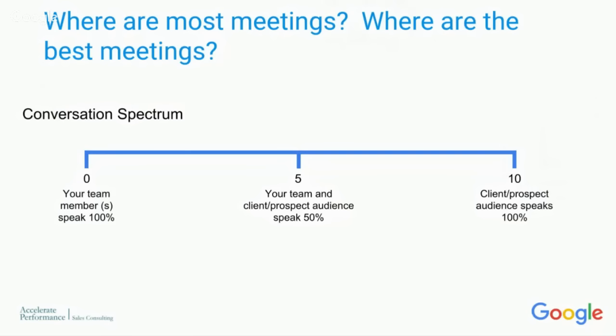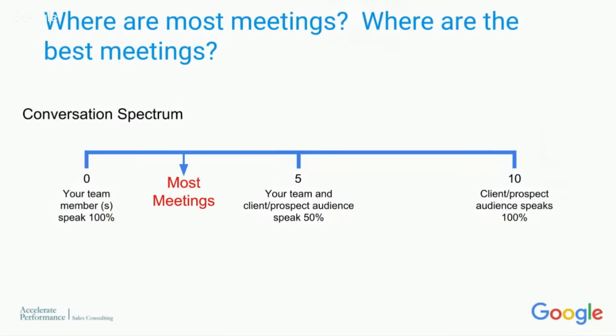And there's a ton of variables involved here, the number of people in the room, the type of meeting it is. But if you were to take the last 1,000 meetings between some sort of partner or agency and your client or prospective client and say, where is the average of those 1,000 meetings falling on this scale? Most people tend to say we're about in this area.